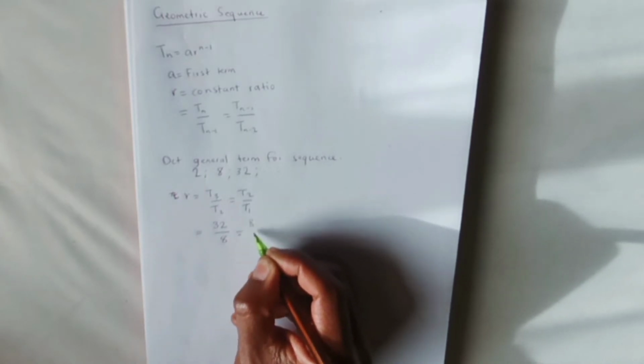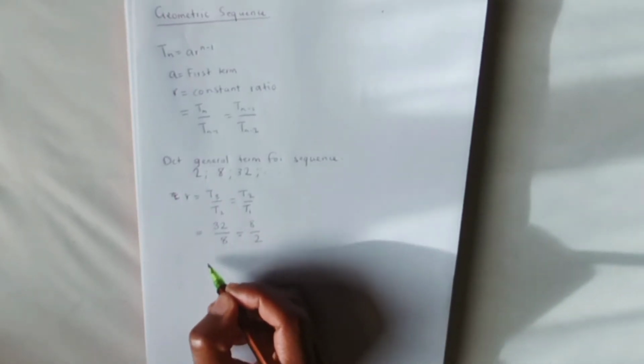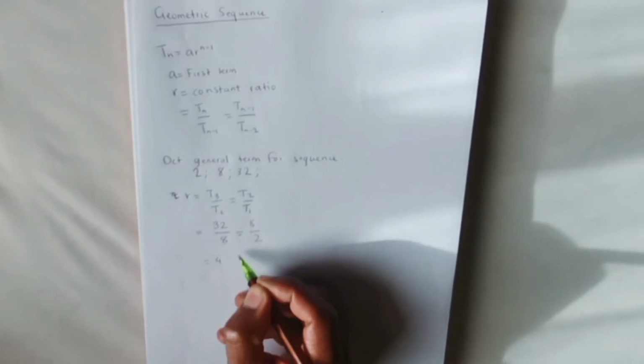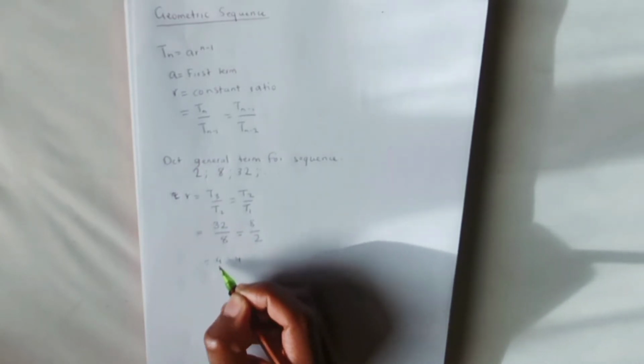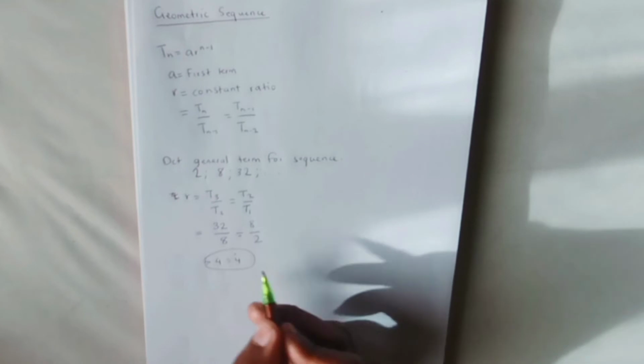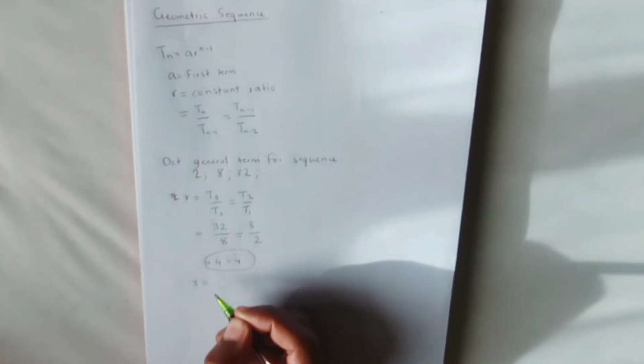T3 over T2 would be 32 over 8, and we want to know if the proportion is equal to 8 over 2. This is 4 and this is also 4, so the constant ratio r is 4, right?